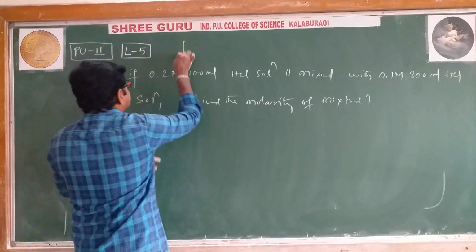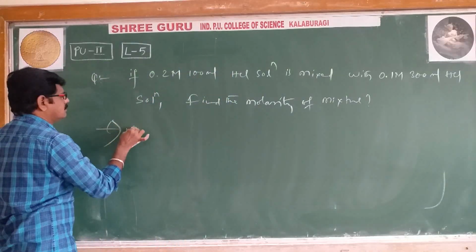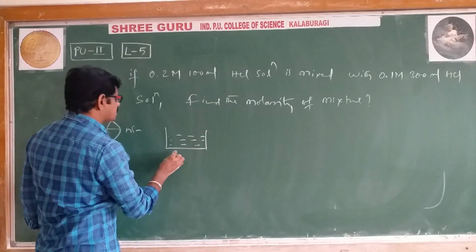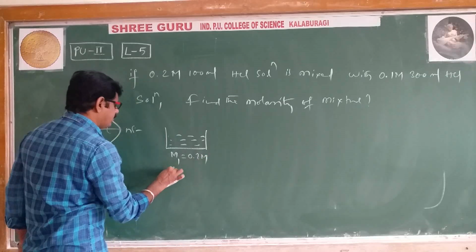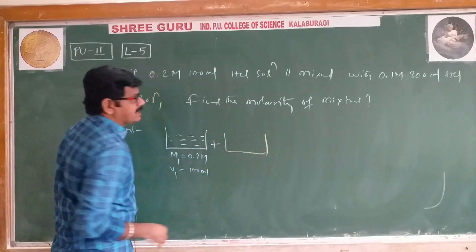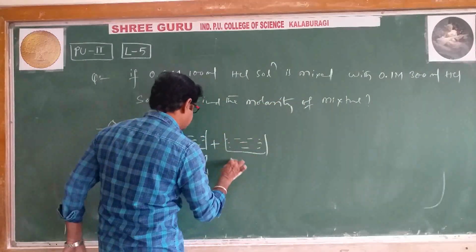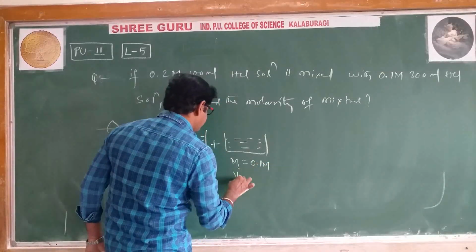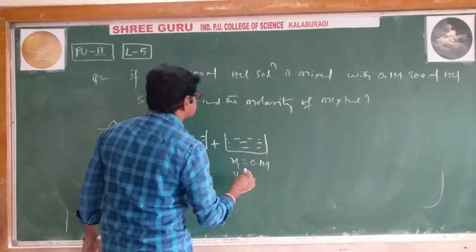In one container, we'll write the answer here. We'll take one container having a solution whose concentration is M1 equal to 0.2 molar and V1 equal to 100 ml, plus another container having molarity M2 of 0.1 molar, and V2 is how much? 300 milliliters.